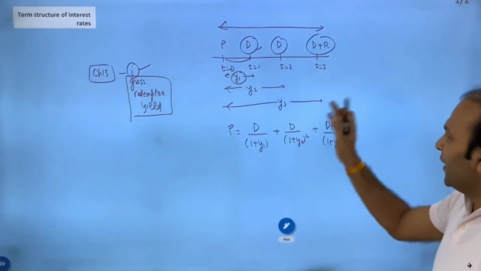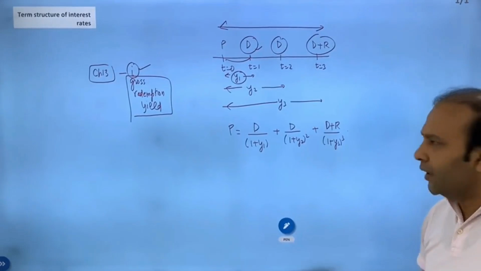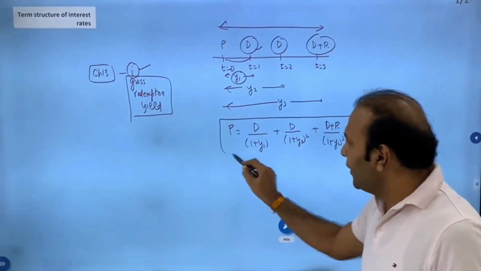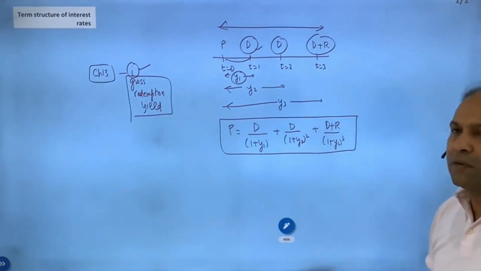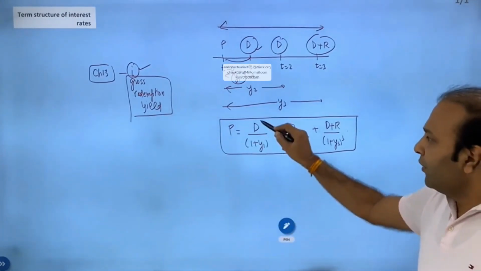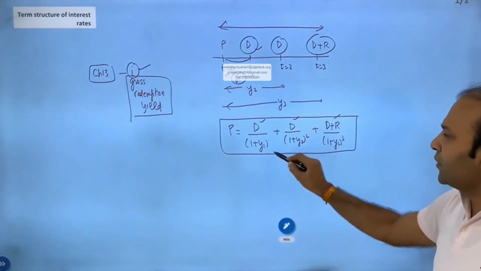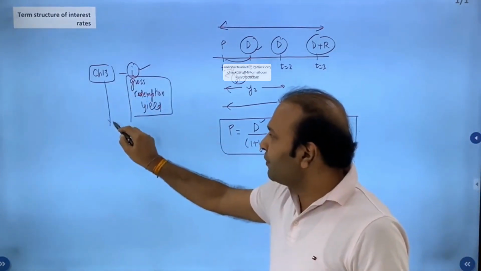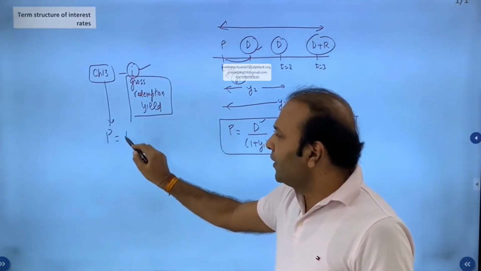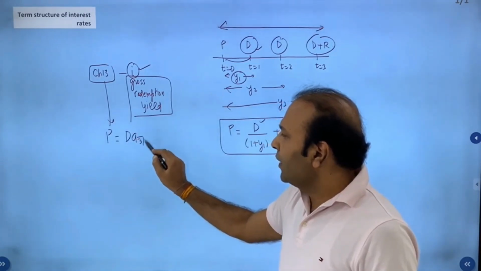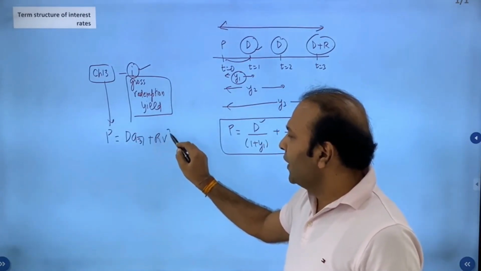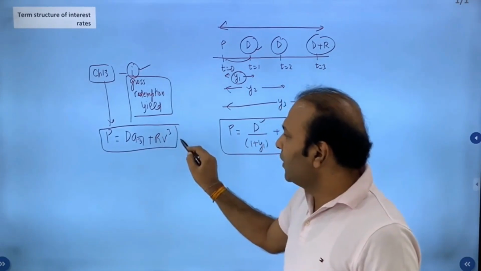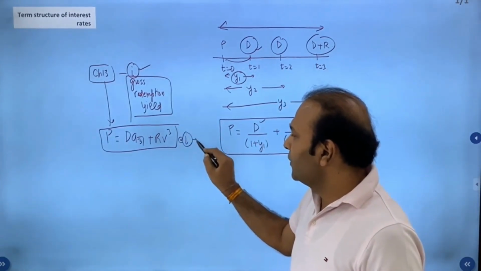Fine. Or class, you can extend till n also. Clear? So this is the way we can find the price of the bond if there is a coupon payment and the spot rates are given. So you have to understand the difference between this and chapter 13. In chapter 13 we used the gross redemption yield. Here we are using the spot rates.